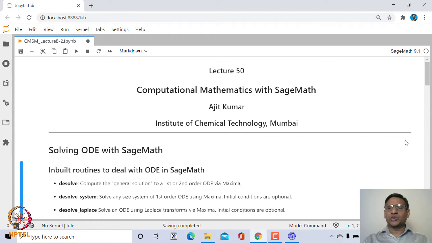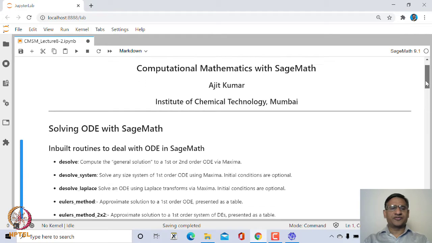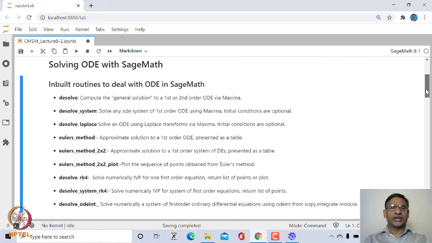So first, let us look at what facilities or inbuilt methods are available in SageMath in order to solve differential equations. There are several functions available in SageMath. One is desolve, to find the general solution of first and second order ordinary differential equations, and it uses Maxima in the background.